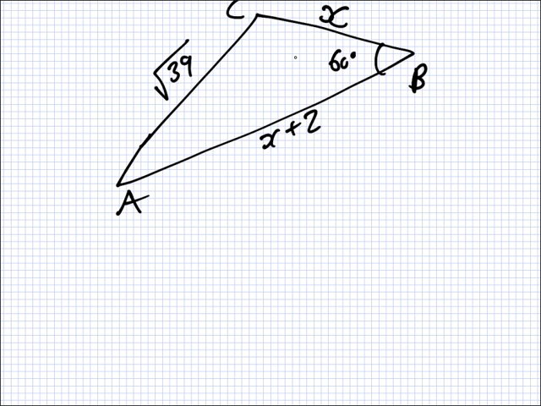You could use sine if you knew another one of these angles, and it would work. So it has to be cosine, because if you can't use sine, then it has to be cosine. To use sine here, I need to have another angle or another side.